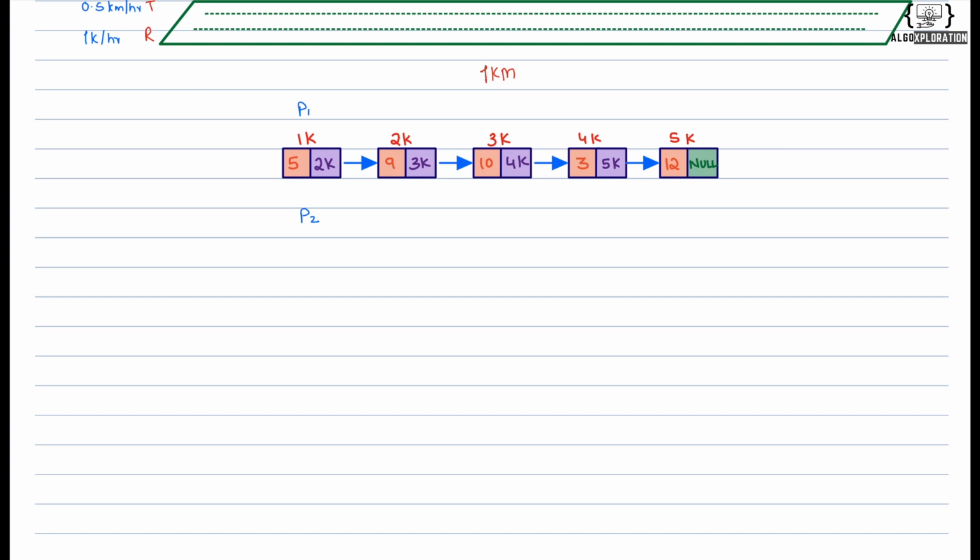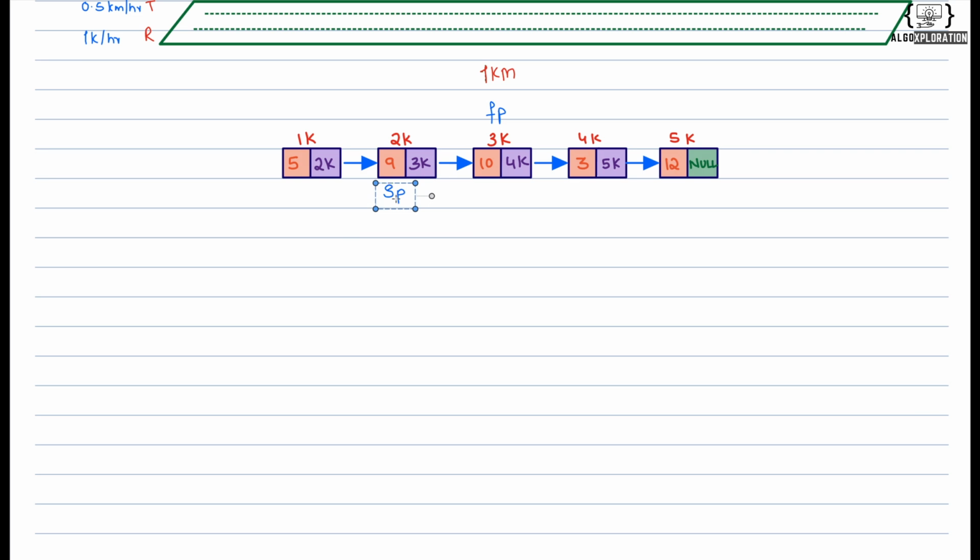With this analogy, we will be finding the middle node. Here I will be renaming these pointers: this one will be the fast pointer and this will be the slow pointer. For the first iteration, the fast pointer takes a jump of 2, whereas the slow pointer takes a jump of 1.